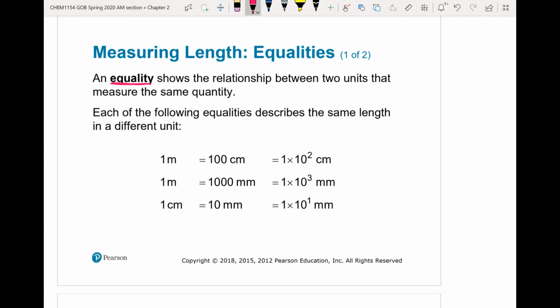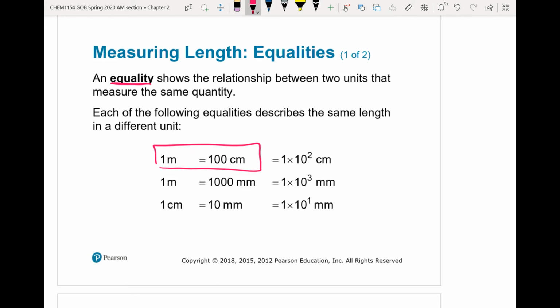You have to have an equal sign in it to make it an equality. So we've just talked about several of these. We didn't call them equalities at the time, but they are. A meter is equal to 100 centimeters. That is an equality. One thing equals another. They represent the exact same length. The only thing different between them is the unit, right? So 1 meter is equal to 100 of those small units, 100 centimeters.